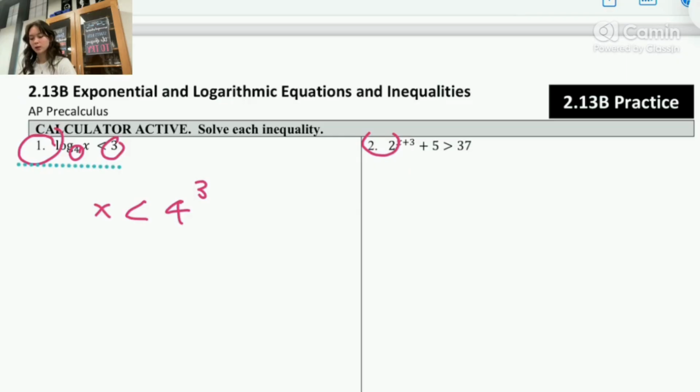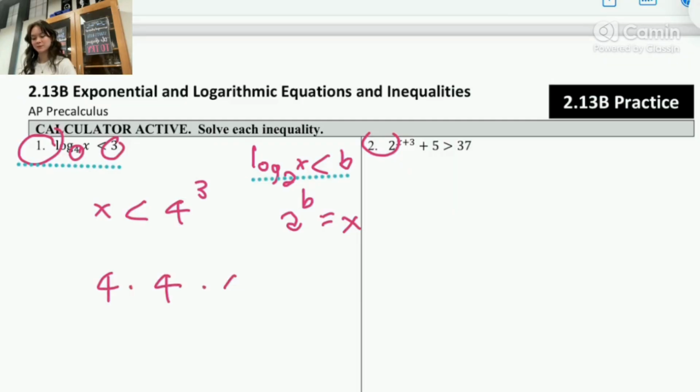When you're thinking about it, you can do log base a of x is less than b, and a to the power of b is the same thing as x. So from there, you're just going to multiply 4 times 4 times 4, 4 to the power of 3, and that will get you x is less than 64.